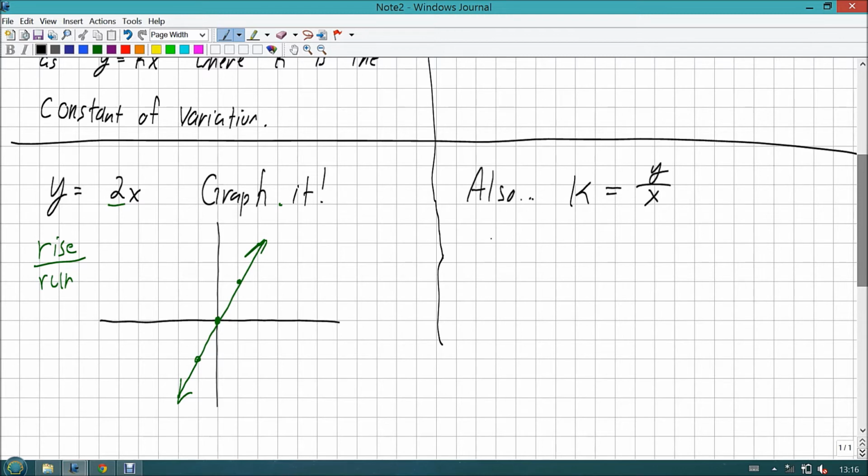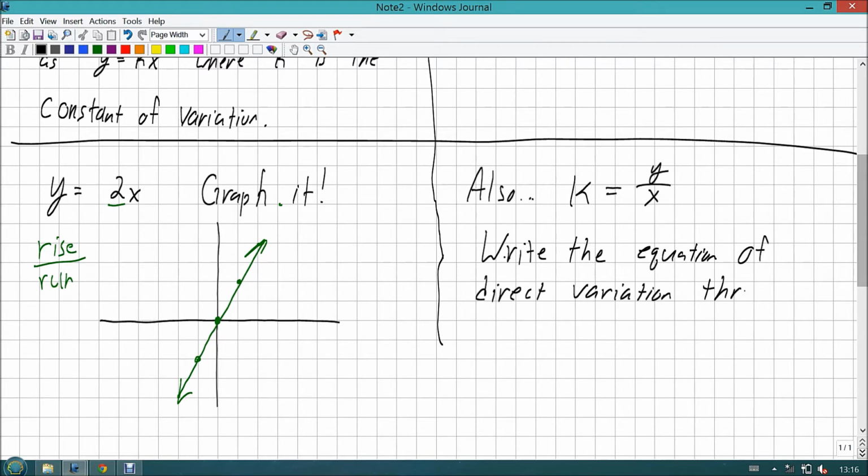If you were looking at the direct variation, write the equation of direct variation through 4, 8.